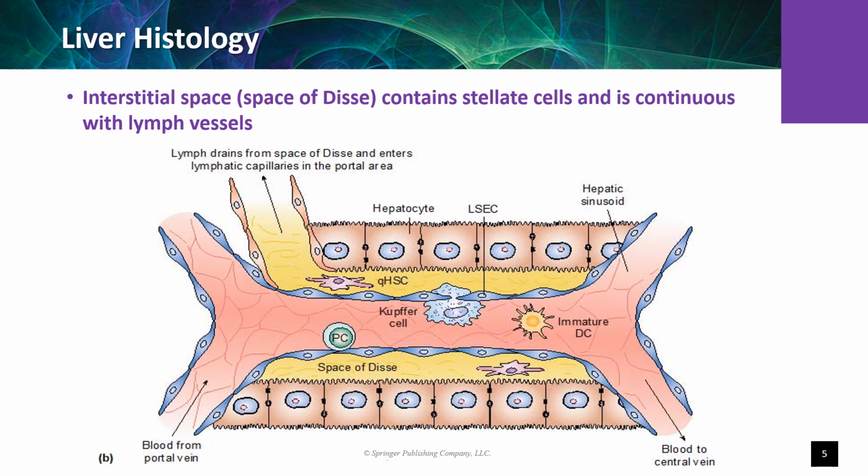The cells provide constant immune surveillance for molecules and pathogens that enter the body through the gut wall. The stellate cells in the space of Disse are normally quiescent or quiet, but can become activated in response to any liver damage, and the stellate cells are what contribute to liver cirrhosis.